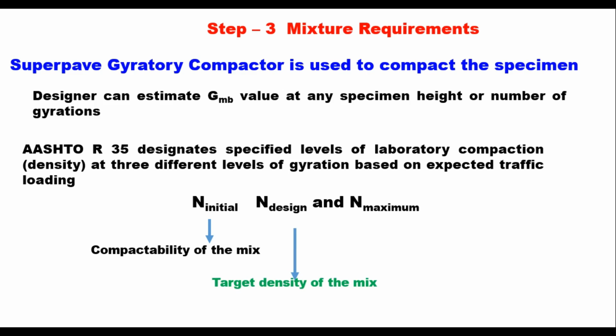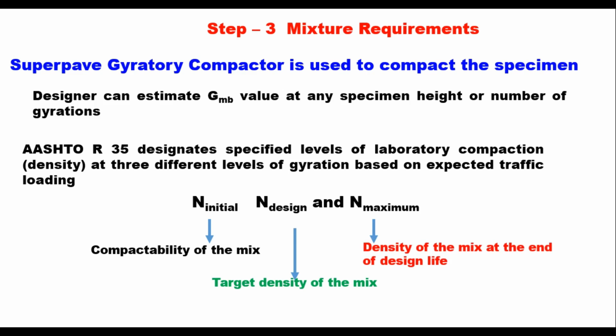This N design, that is the number of gyrations, is specified to reach the target density of the mix, and it is based on estimated field density in the middle of its service life. And it is generally taken as 96% of the theoretical maximum specific gravity, or you can say corresponding to 4% air voids.